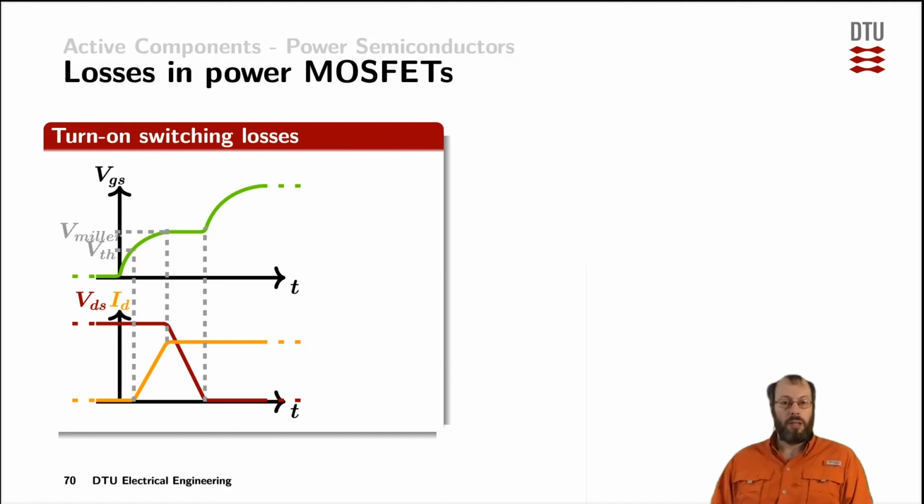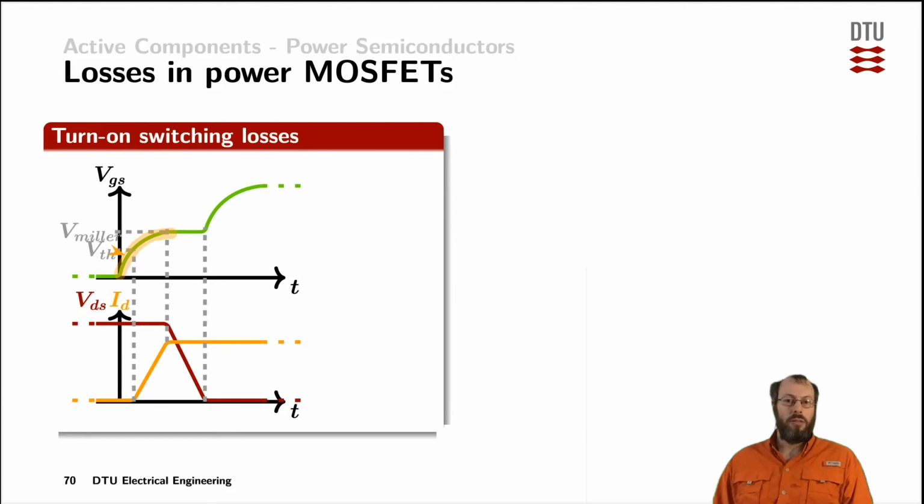Now that we have modeled the gate drive through a capacitor and that we know that the totem pole stage of the gate driver can be represented as a resistor, we can model the turn on waveforms as an exponentially rising gate source voltage until we reach the Miller plateau.